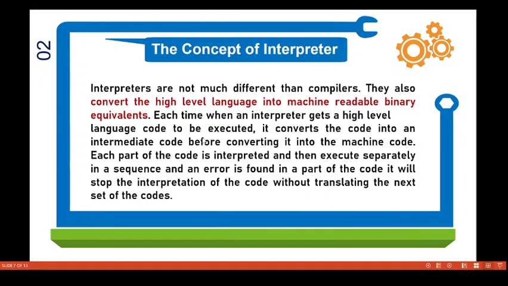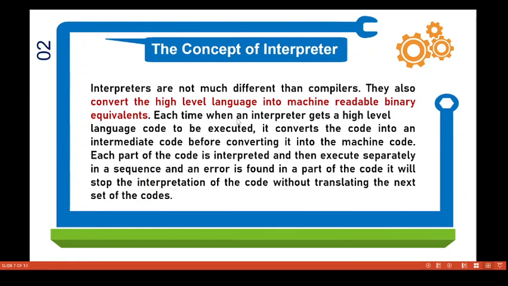That means it can convert high-level programming languages such as Java that I mentioned earlier, or C programming, into a machine language or low-level language, because the machine can only read binary numbers. So just like a compiler, an interpreter also translates or converts high-level programming languages into machine language so that the machine can understand.